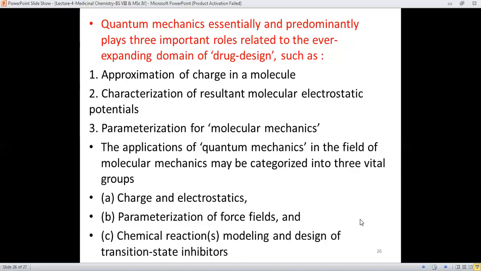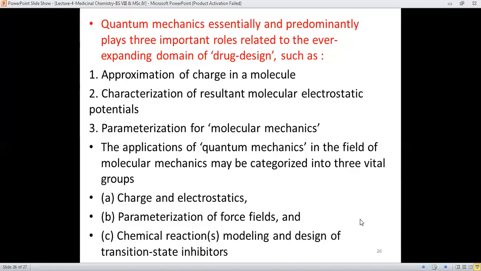In parameterization, you will discuss the force field, the bond strength, the bond angle, the spring constant, and the applications of quantum mechanics in the field of molecular mechanics.